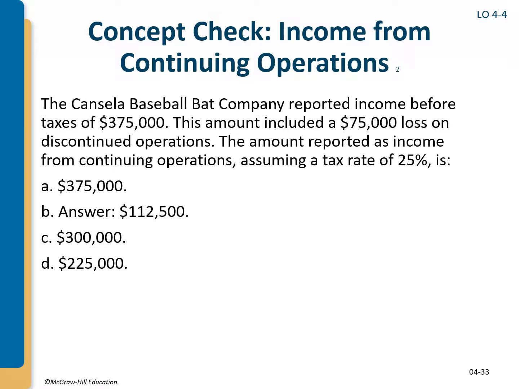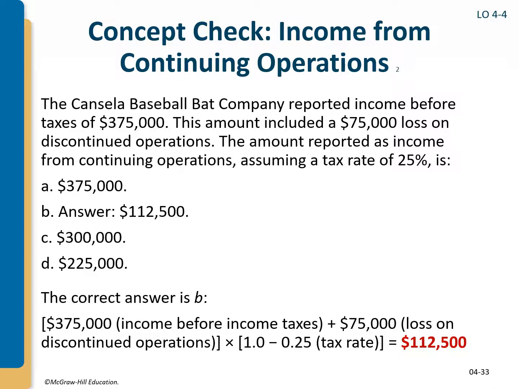All right, well, $112,500. $375,000 before income tax, but there was a $75,000 loss on discontinued operations that was included. Add that back. It shouldn't have been subtracted. So now you're at a $450,000 income from continuing operations. Take 25% of that for tax, subtract it. Now your income from continuing operations, $112,500.